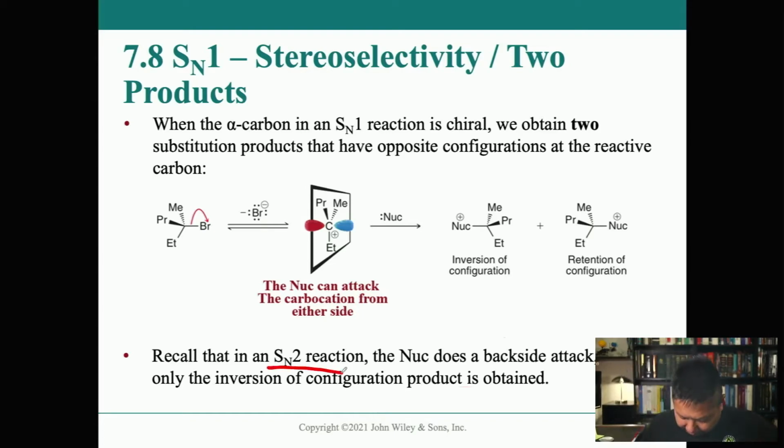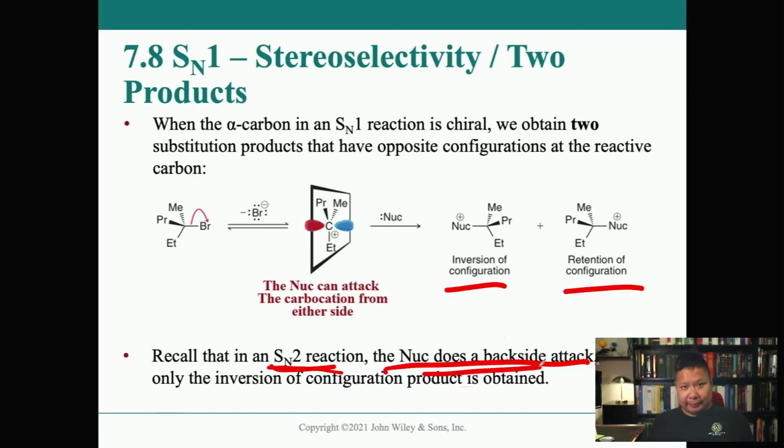The nucleophile does not do a backside attack, and so this is why you get two products, the inversion product and the retention product. Whereas on the SN2 reaction, you only get the inversion product, because on the SN2, that's the only one you get the backside attack.